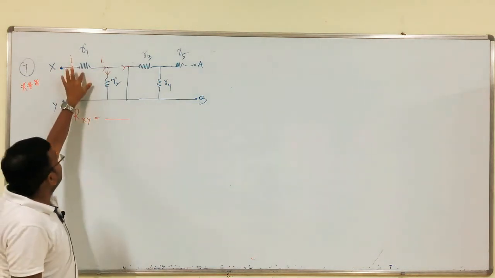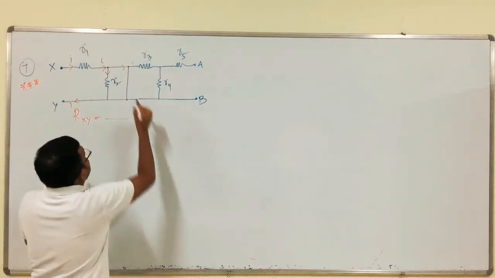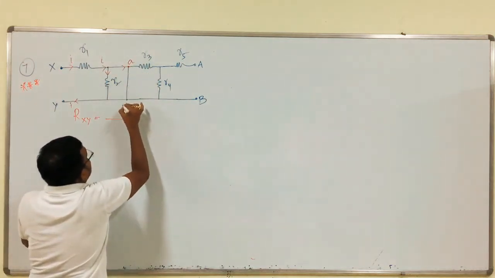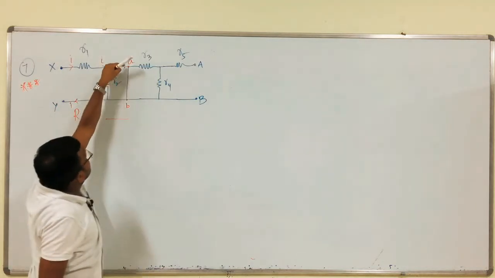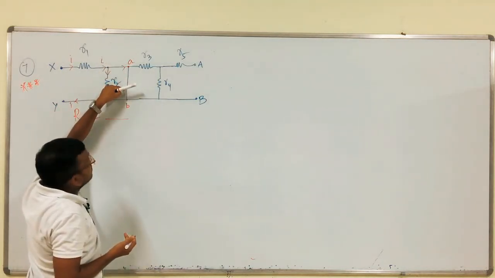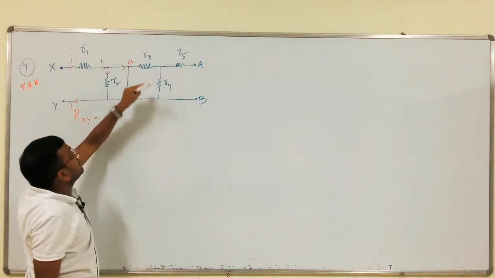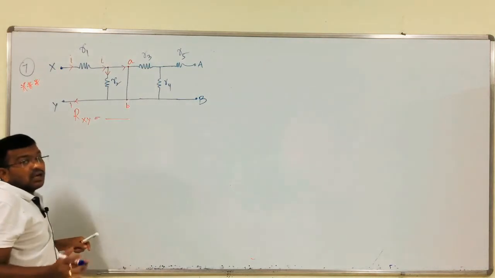This is R1, this is R2, but between these two terminals, for example this is node A, this is node B, let us say. Between A and B we do not have any resistive branch, we only have the short circuit path.